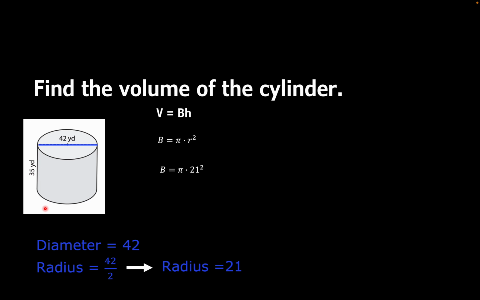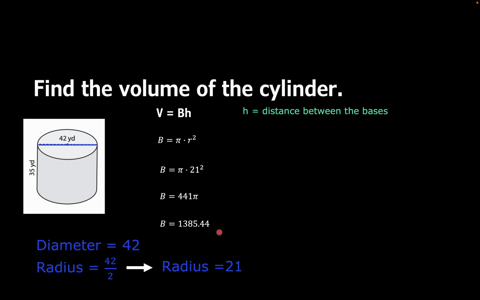You can plug it into the formula. The area of the base is pi times 21 squared. 21 to the second power is 441 times pi. Now, I'm okay if you leave things in terms of pi. If we multiply by pi, we'd have 1,385.44.